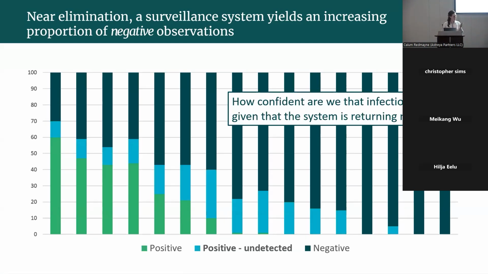But the problem is that we know that surveillance is not perfect, and importantly can be quite variable in terms of its sensitivity and its performance over time and between different geographic areas, so between administrative units at which these data are interpreted. And that makes the interpretation of those negatives quite a challenge. So we want to understand how confident we can be that infection is indeed absent, given that our surveillance system is only returning negative results.